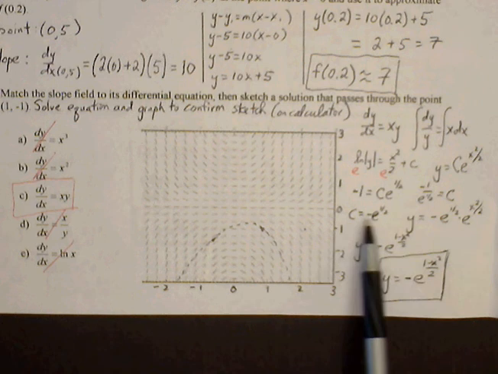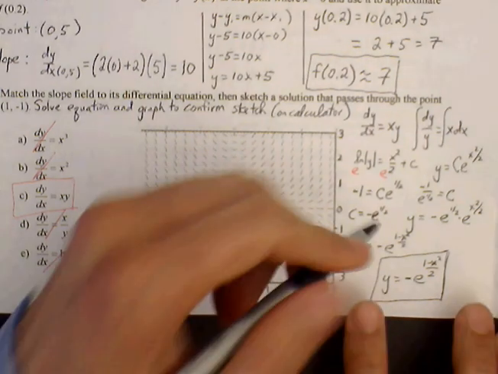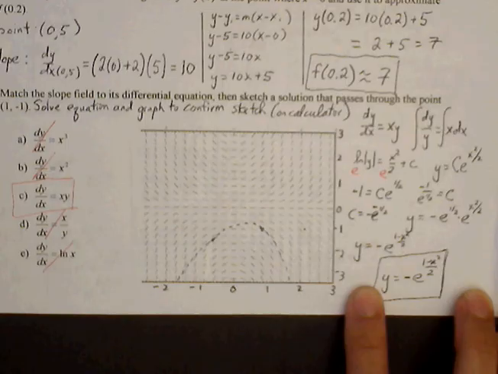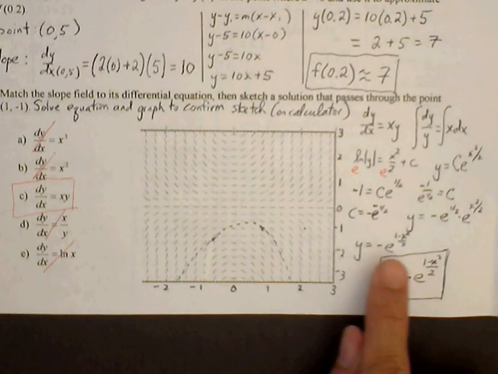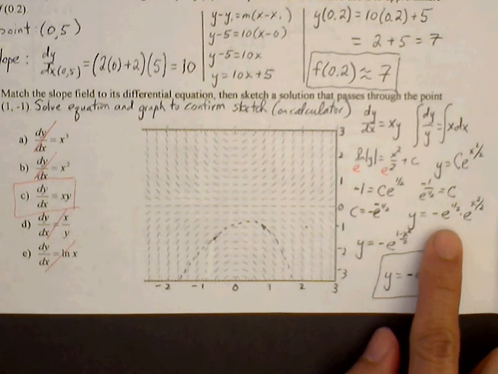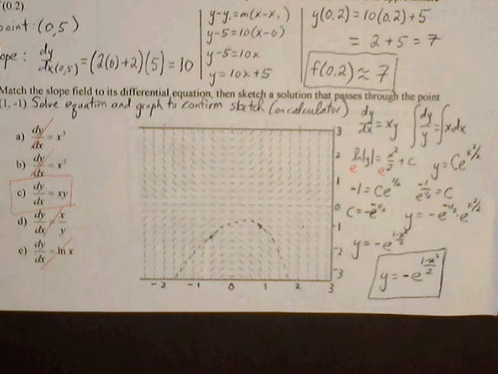Therefore, c is equal to -1 times e to the -1/2. Once we have that, we should have y is equal to -e to the -1/2 times e to the x squared over 2.